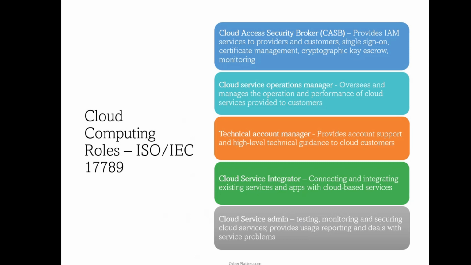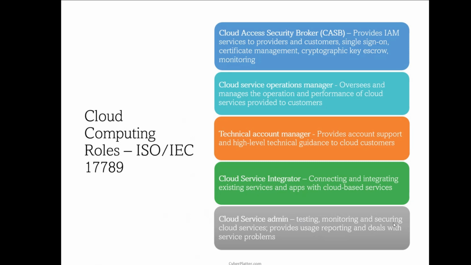Cloud Service Admin is responsible for testing, monitoring, securing cloud services. He also provides the usage reports. If there is any problem with cloud services, he also deals with it. Right? Most of these are familiar with the traditional roles and responsibilities, like the admin in a traditional data center as well is responsible for almost the same things, right?